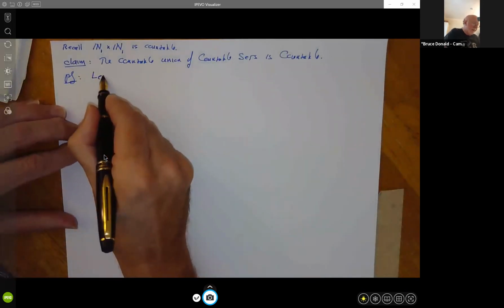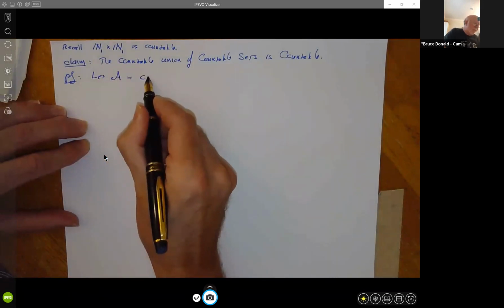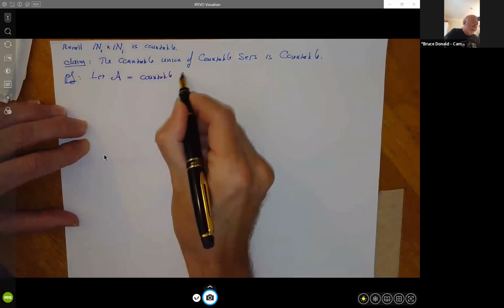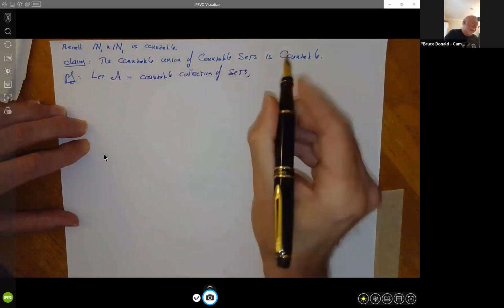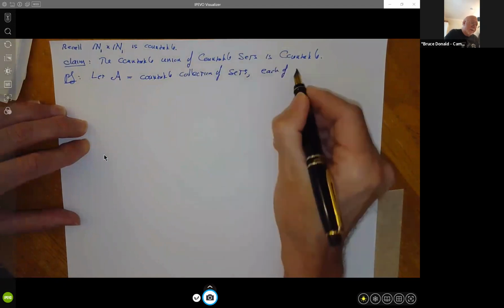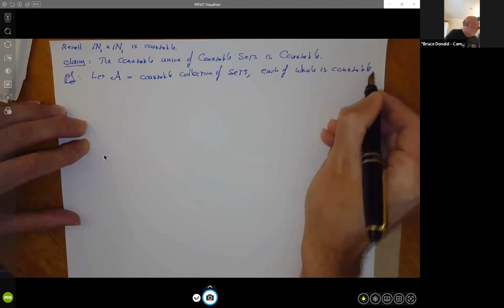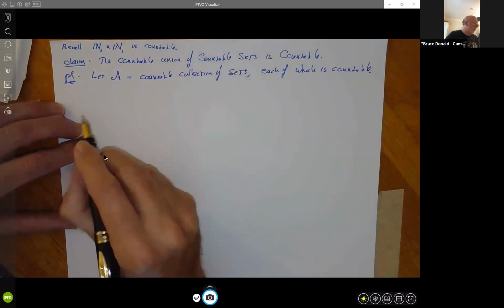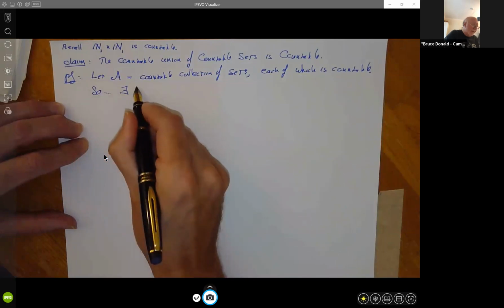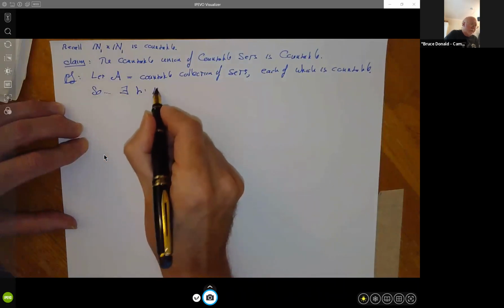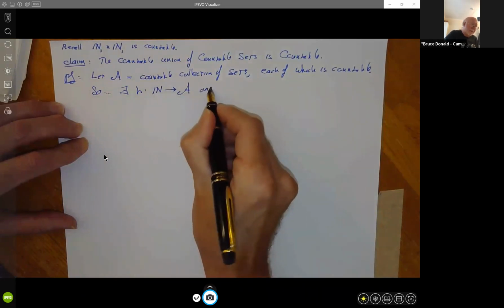So I'll say let curly A be a countable collection of sets, each of which is countable. We'll write formulas in a minute, but English is really good for this. So there exists a map H from the natural numbers onto my collection of sets because my collection is countable.